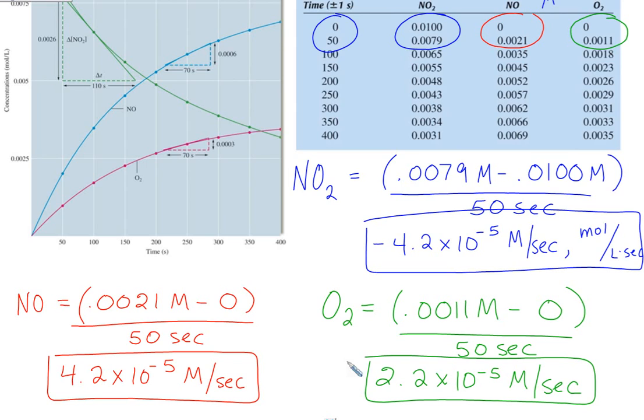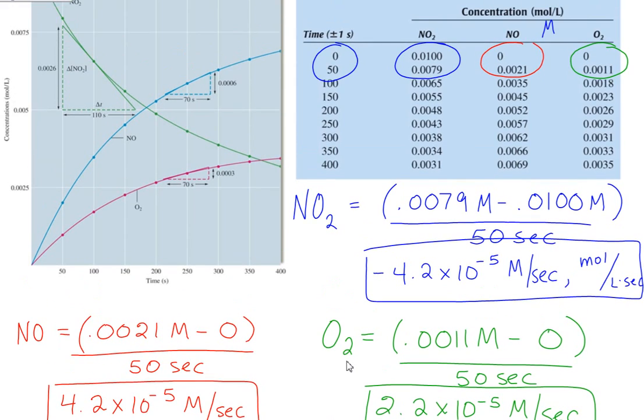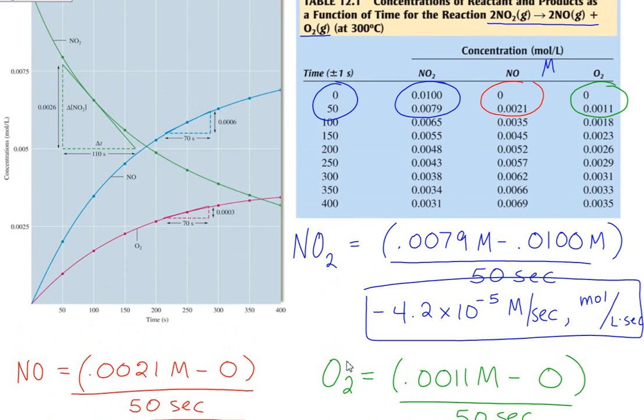Now, a couple things that are interesting. Let's look at the ratio from the balanced equation. There it is. 2 nitrogen dioxide form 2 nitrogen monoxide plus oxygen gas.